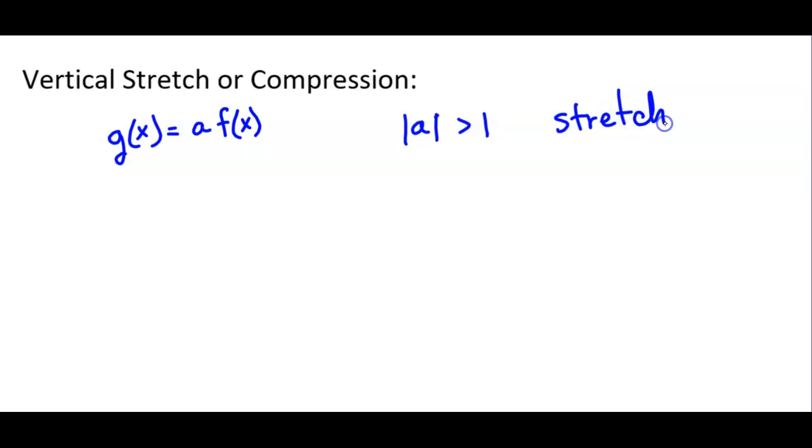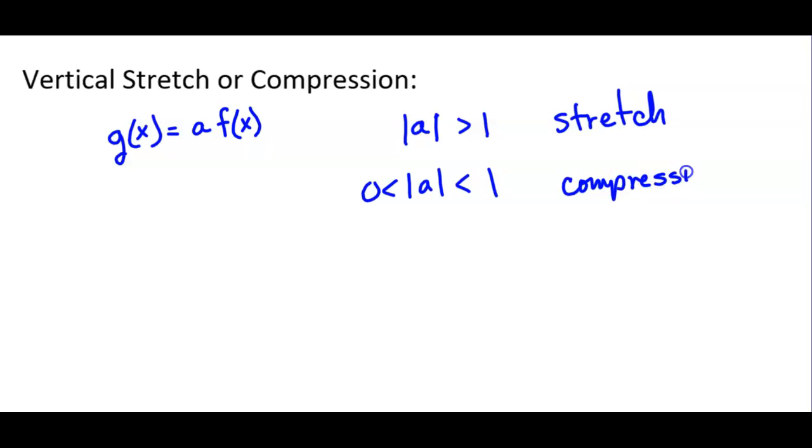So what you're doing is you're taking all your outputs from the function and multiplying them by some number. Well, if the number is greater than 1, it's going to get bigger, right? But if the absolute value of a is, well, it's going to be greater than 0 because it's absolute value, but if it's less than 1, that's going to be a compression.